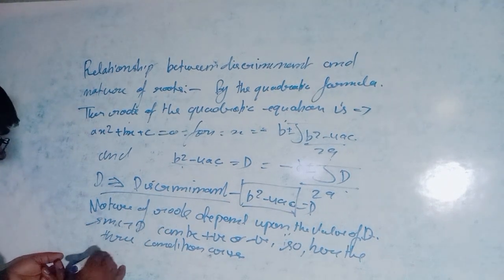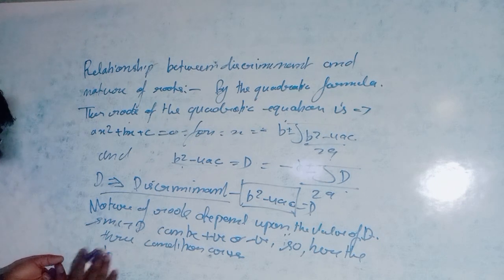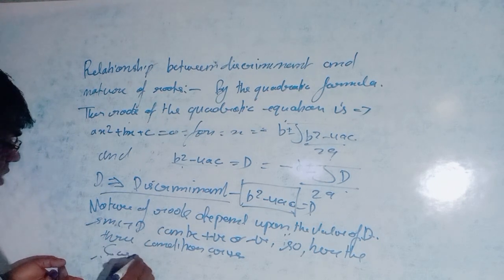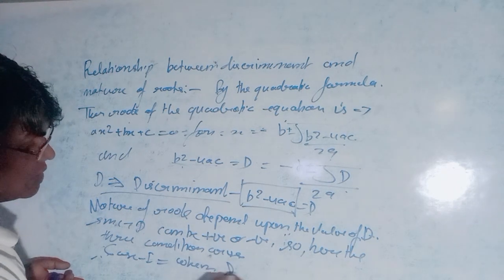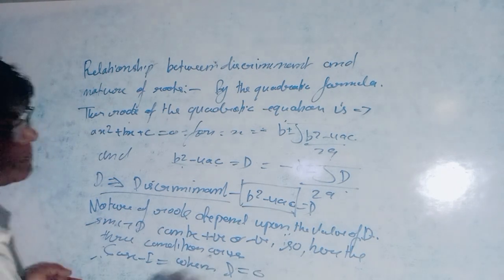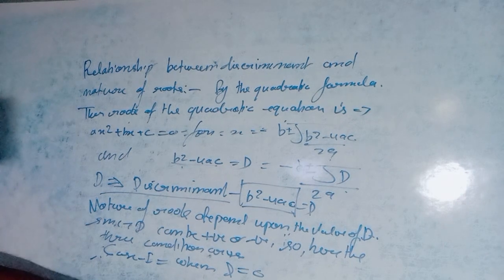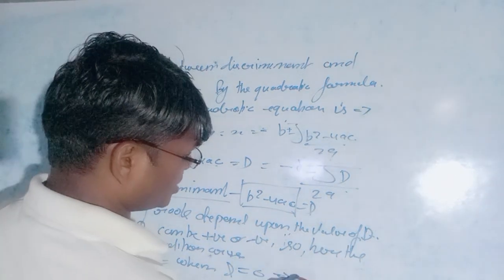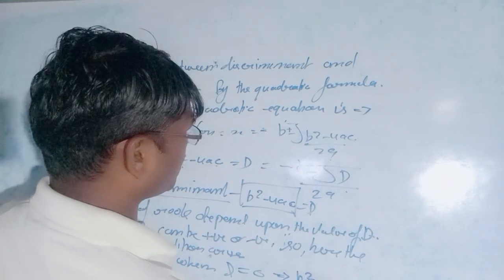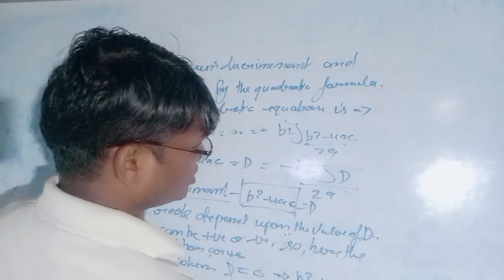Case first: when D is equal to 0. That means b² − 4ac is equal to 0.